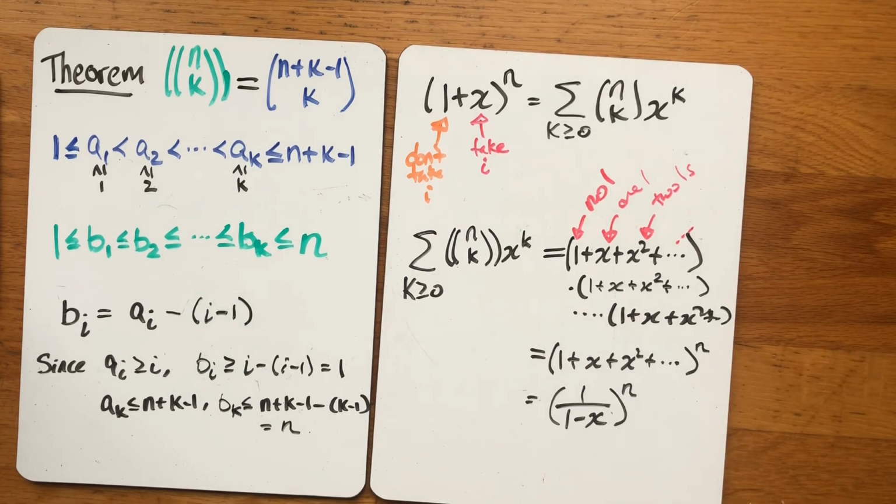And now an interesting thing to think about is how these two generating functions are related to one another and what this theorem tells us about that. So if we look at the generating function and ask how this generating function relates to that generating function, we have a nice corollary.